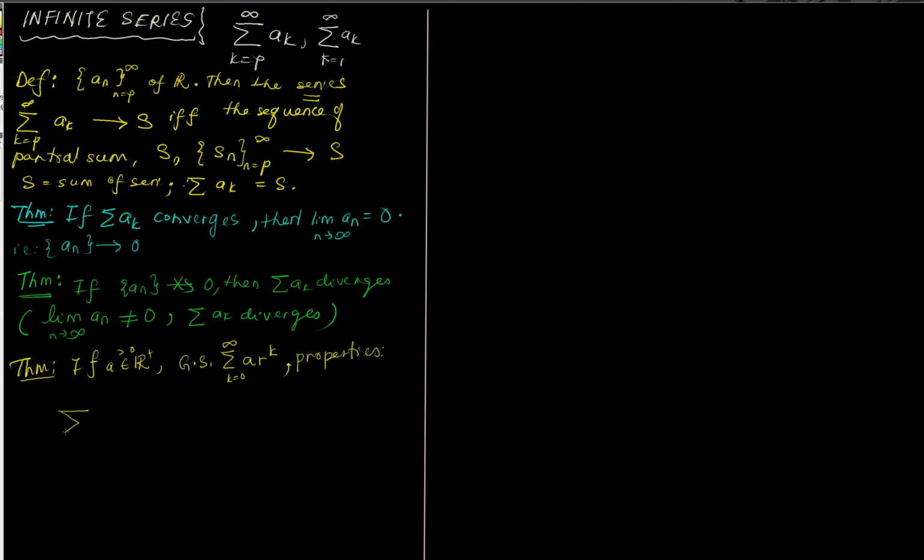The summation of a r to the power of k is equal to a over 1 minus r, which is the sum value, if the absolute value of r is less than 1, and it diverges if the absolute value of r is greater than or equal to 1. This is directly just applying the properties of geometric series.